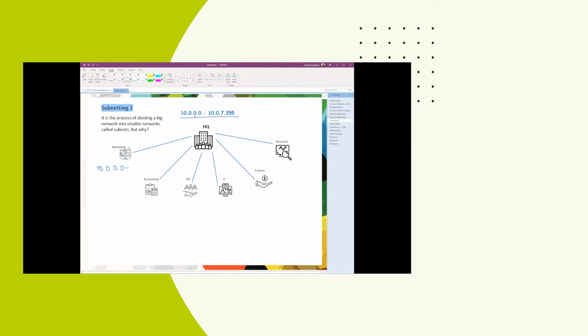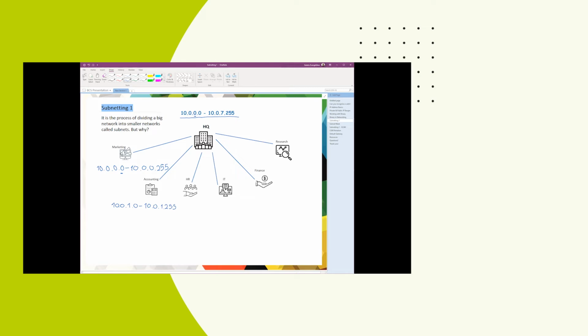So it's 10.0.0.0 up to 10.0.0.255. Easy one, because they have used all the 255 numbers available here. And they are going to jump to the next octet. So for accounting, it's going to be 10.0.1.0 up to 10.0.1.255.